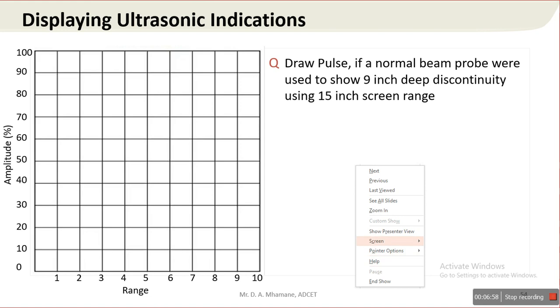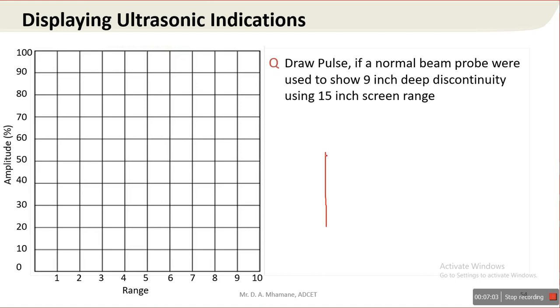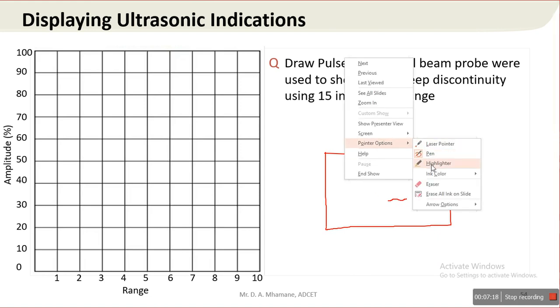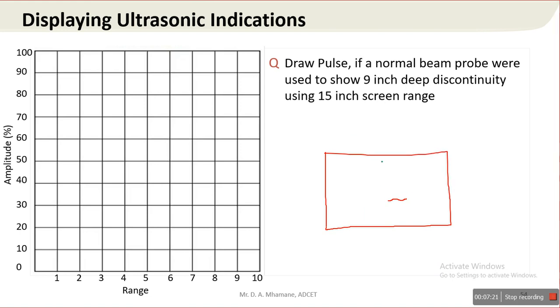Means suppose this is the component. This is the floor. And we are scanning this component with the help of a normal beam probe. So as the normal beam transmits from the normal probe, it reaches the discontinuity, and again it reflects back.